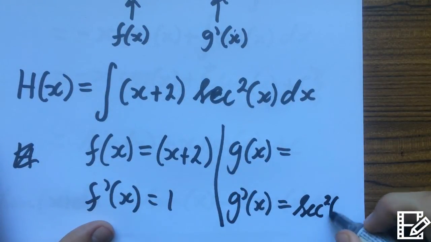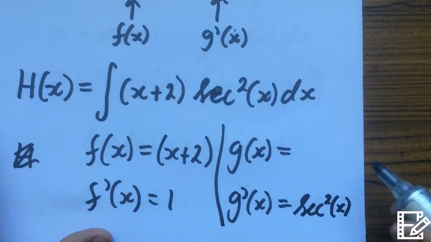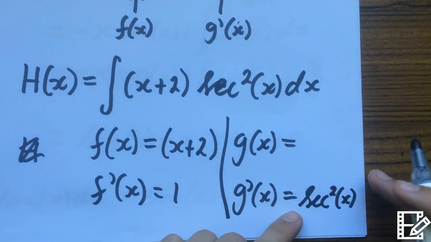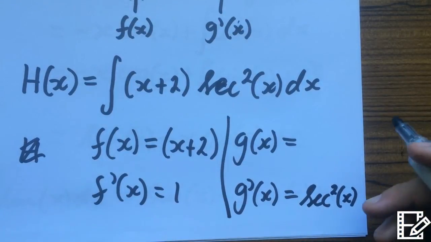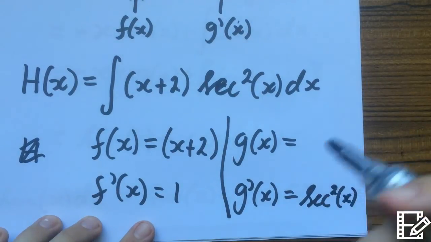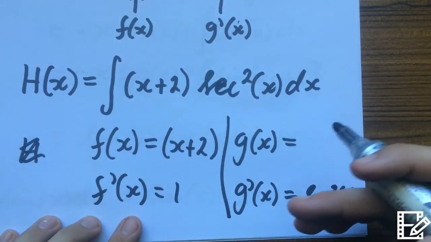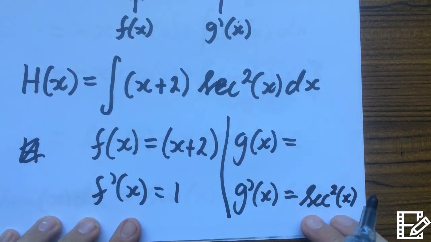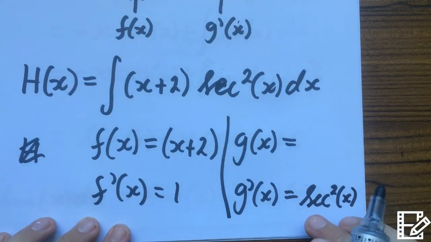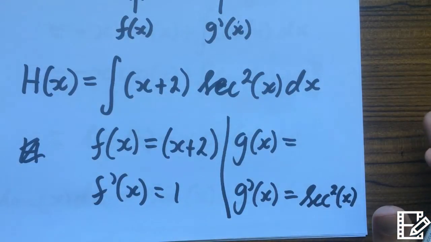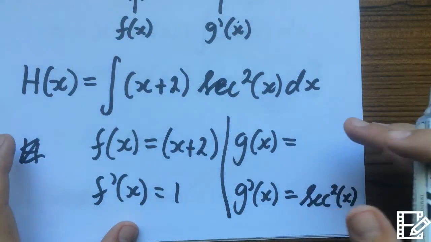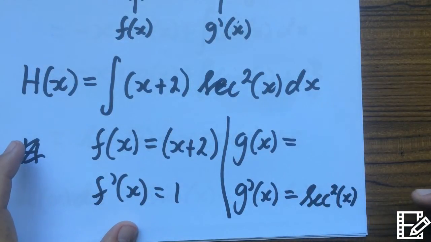Sec squared x. Now, because this is essentially sec x to the power of 2, you could think of it as the power rule or the chain rule or whatnot, or use substitution, but if you are good with trigonometric functions, you should know that when you differentiate tan x, you get sec squared x.